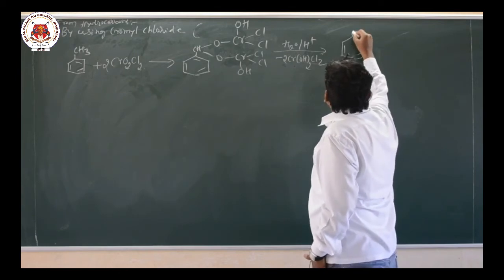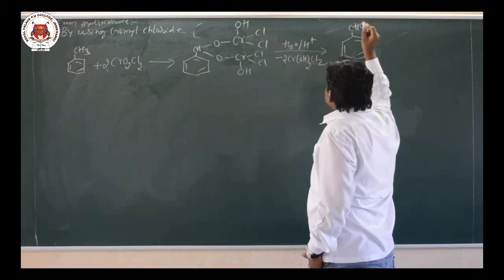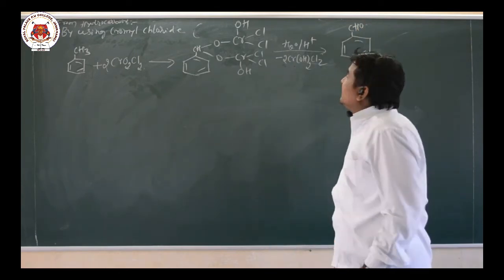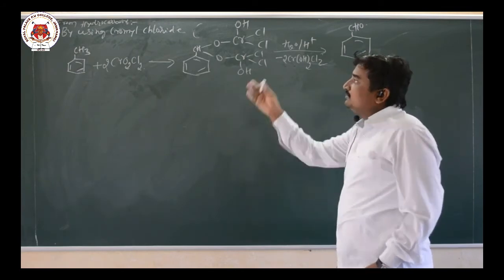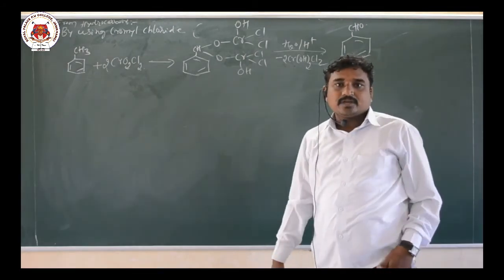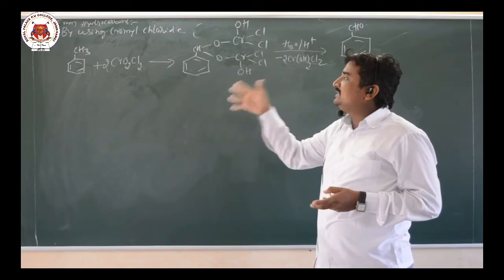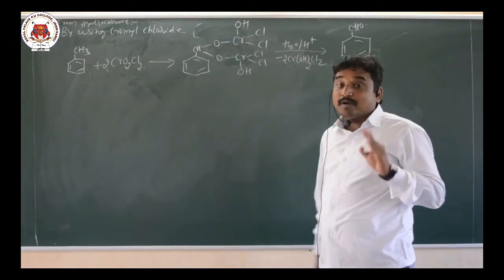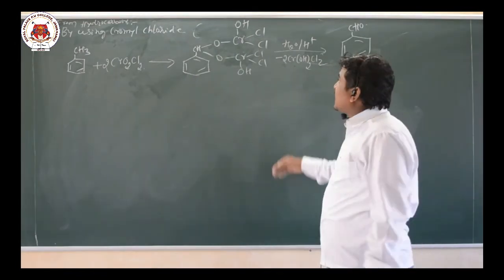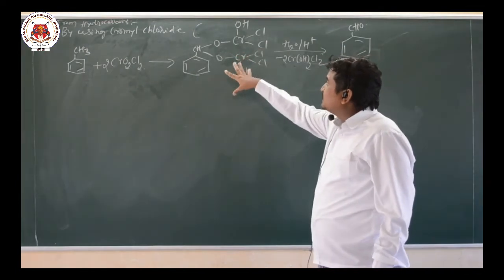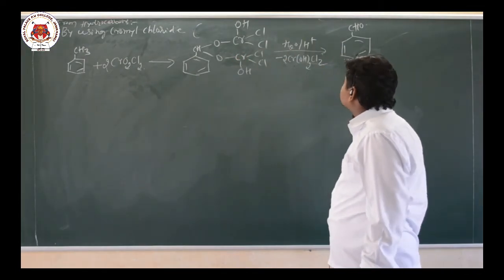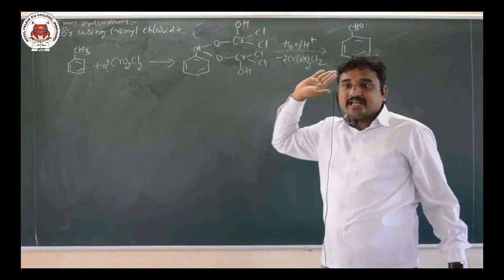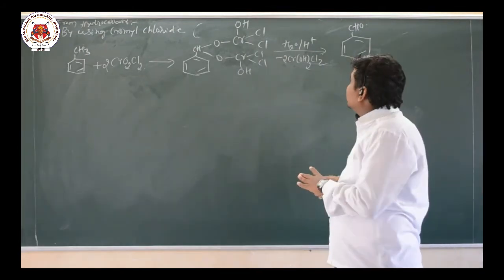So this is a reaction which is used to prepare benzaldehyde from the methyl benzene. So when the methyl benzene or toluene reacts with chromyl chloride, that gives a chromium complex which undergoes acid hydrolysis, that gives benzaldehyde.